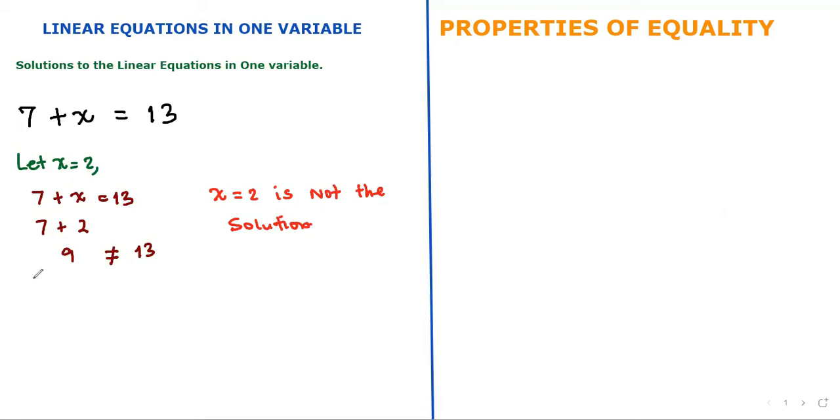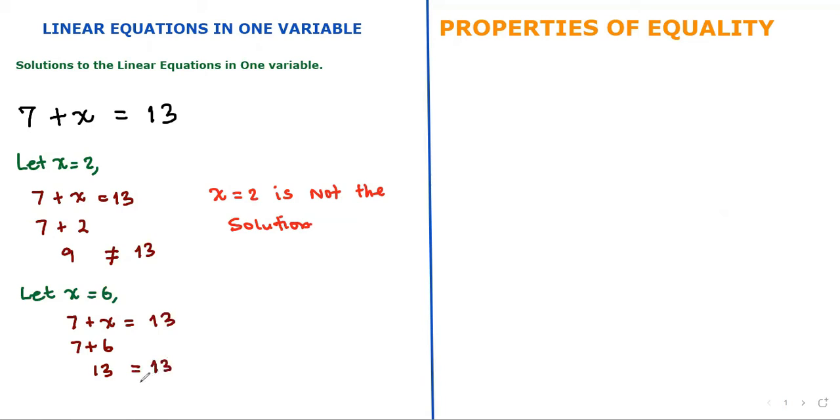But let's see if we put that x is 6. If we say that let x be 6, then since we have 7 plus x is equal to 13, we shall have 7 plus 6. But 7 plus 6 will give us 13. And now you see that on the left-hand side we have got 13, and on the right-hand side we have got 13.